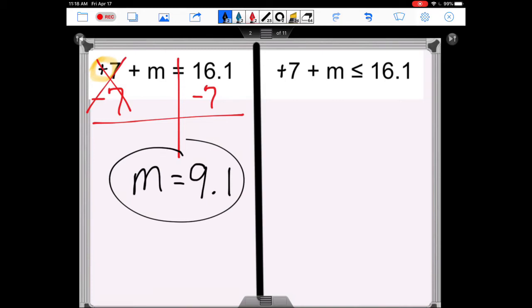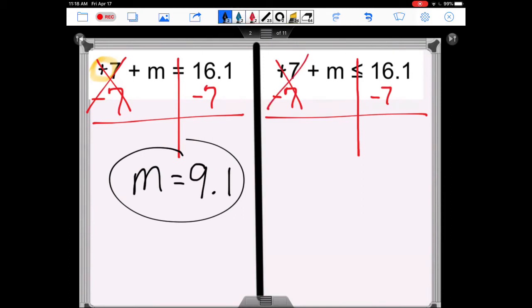Okay? On the inequality side, this says positive 7 plus m is less than or equal to 16.1. So we'll draw our line down our inequality sign. We're still going to subtract 7 from each side. Okay?